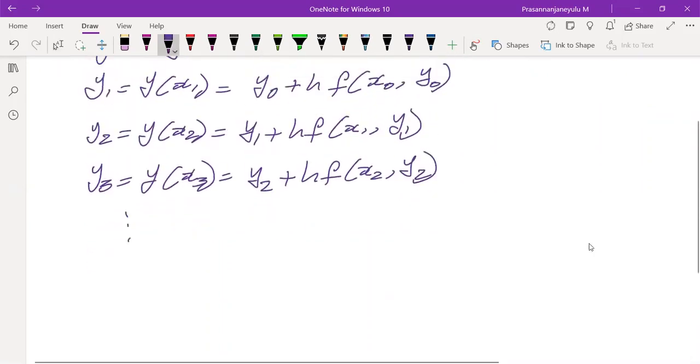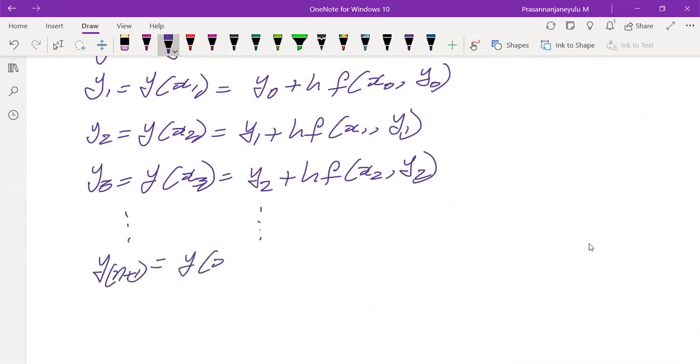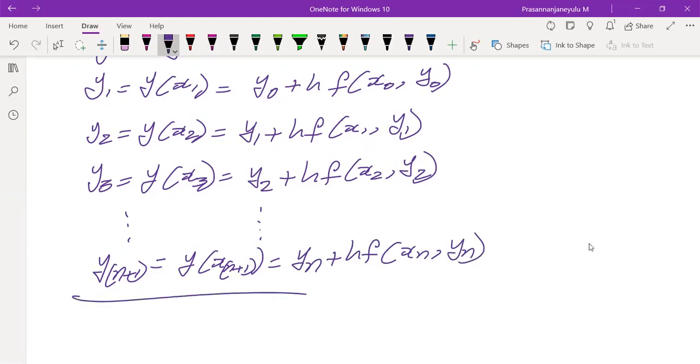If we continue in the same manner, take yn plus 1, which is y of x n plus 1. y1 depends upon y0 and x0, y2 depends upon y1 and x1. In the same manner, yn plus 1 depends upon xn and yn, so it becomes yn plus h into f of xn comma yn. So these are the formulas of our Euler's method.